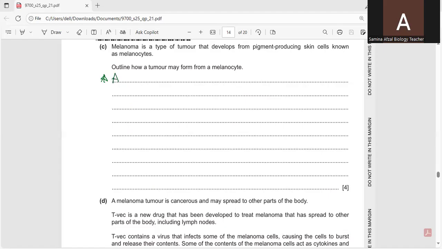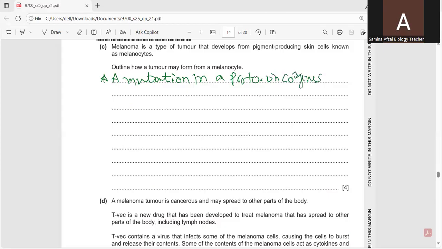A mutation in proto-oncogenes. And what are oncogenes?